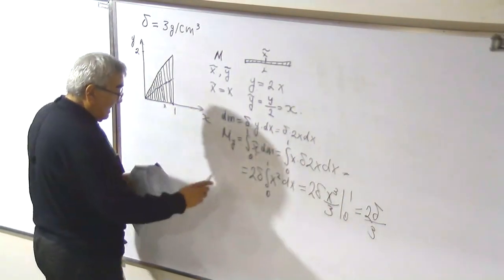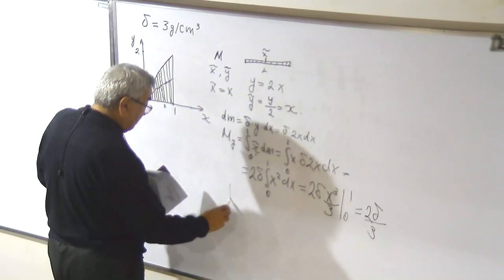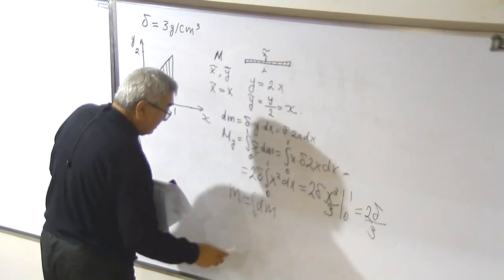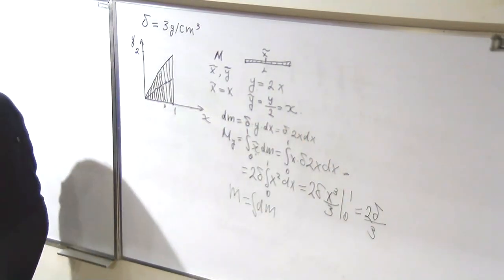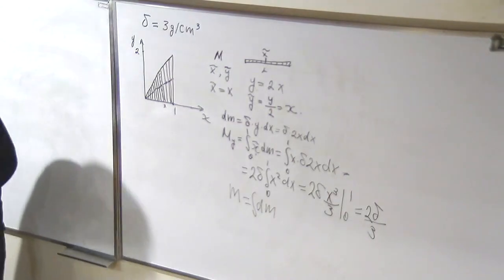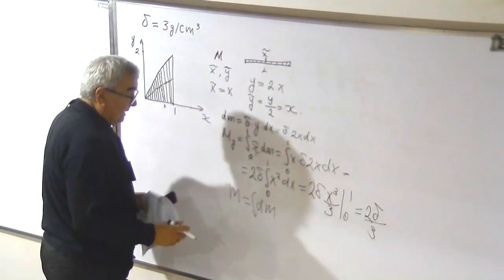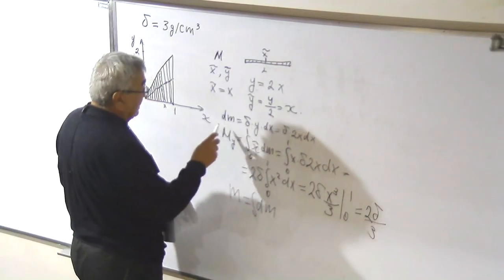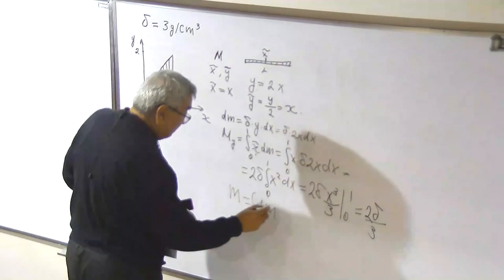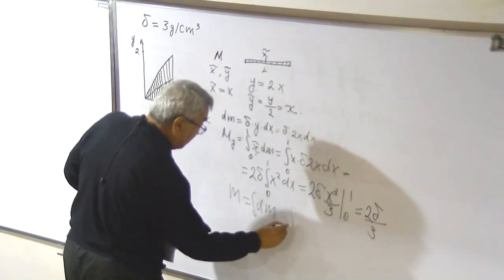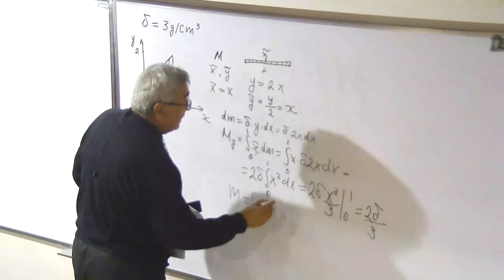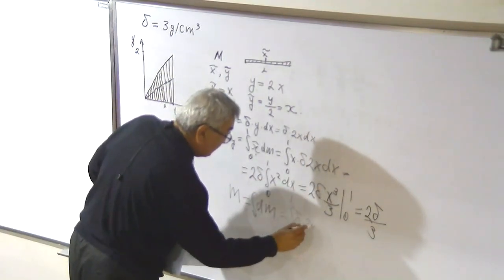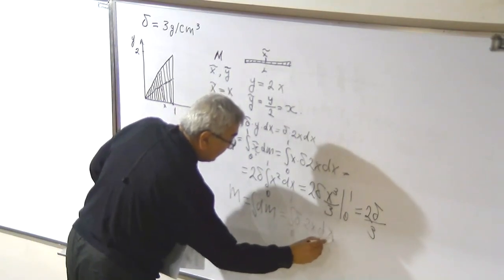That means we receive these results. For a moment, now mass. Let us calculate the total mass. Mass m is the integral of dm. If you insert here dm equal to this one, this integral will be the integral from 0 to 1 of delta multiplied by x dx.